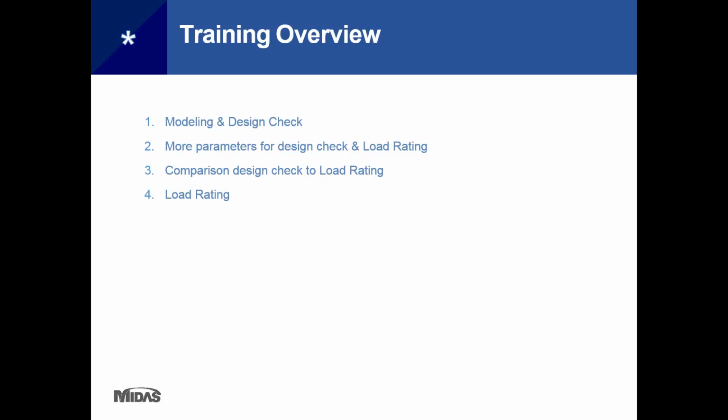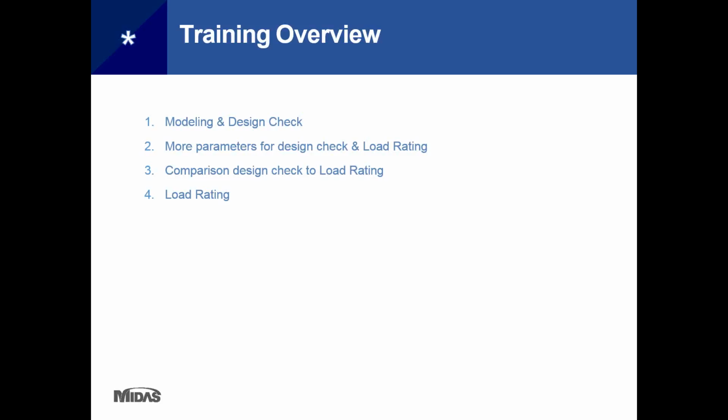So when we are doing the design check, based on those top flange and web thickness, you're going to get the moment of inertia and section modulus. Those things are already ready for design check. So that's why I'm going to talk about the modeling information and how the modeling information influences design check.